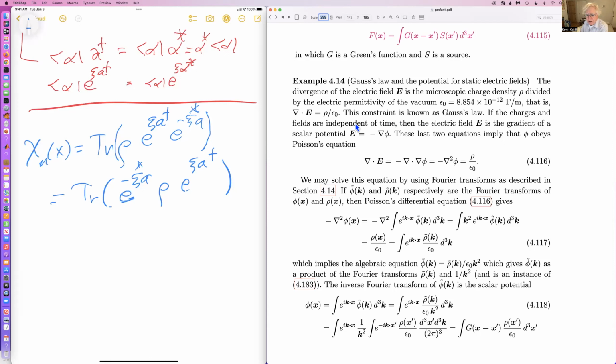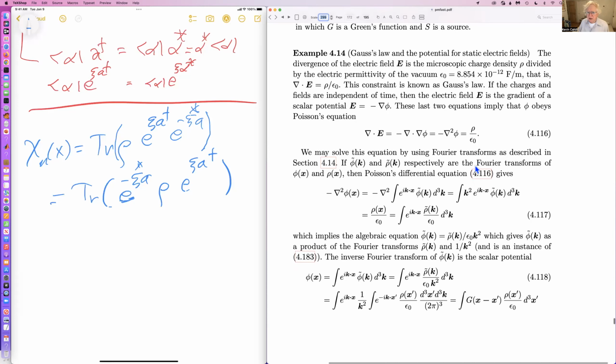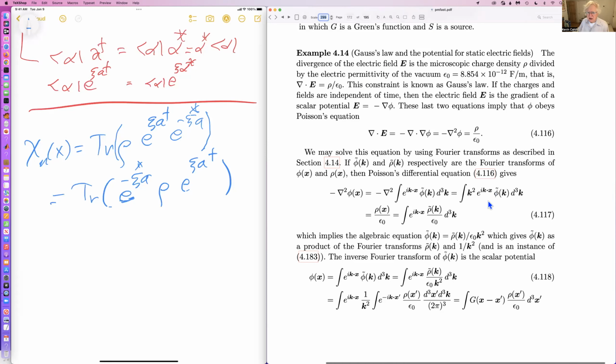Anyway, this is Gauss's law, and for the electric field in the Helmholtz decomposition, if you drop the curl part, you just get that the electric field is the gradient of something. We conventionally put in a minus sign, and so Gauss's law turns into the divergence of E is minus the divergence of the gradient of the scalar potential. That's minus the Laplacian of the scalar potential, and that's the charge density over the electric constant, the electric permittivity, I should say.